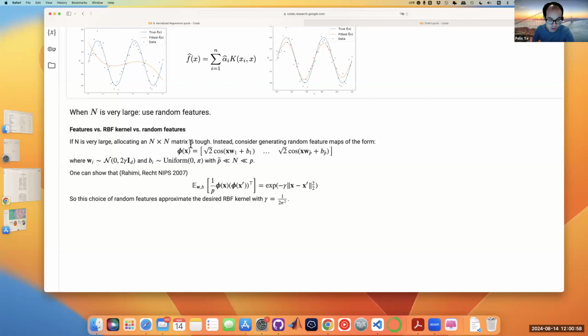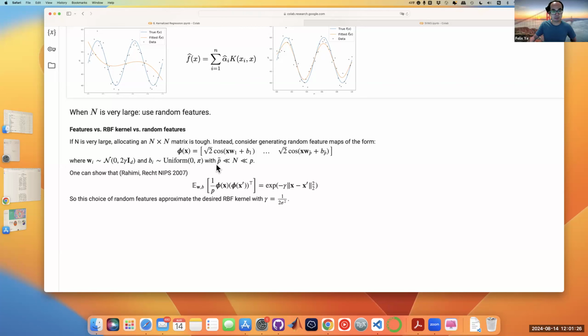Instead, what we do is we generate a bunch of random feature maps of this kind of form. So basically, right here, we are creating a bunch of random features of cosine of x w1 plus b1. And this w right here, they are all Gaussian IID random vectors. B is the uniform random vectors from 0 to pi.